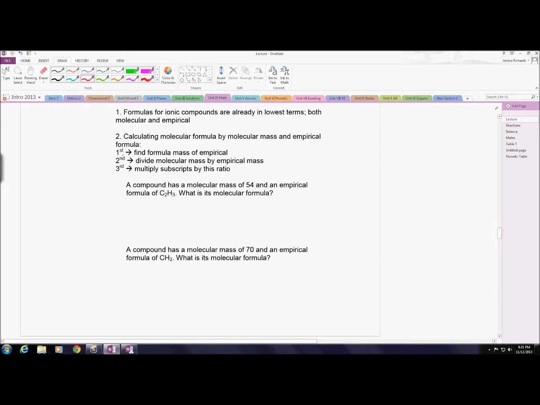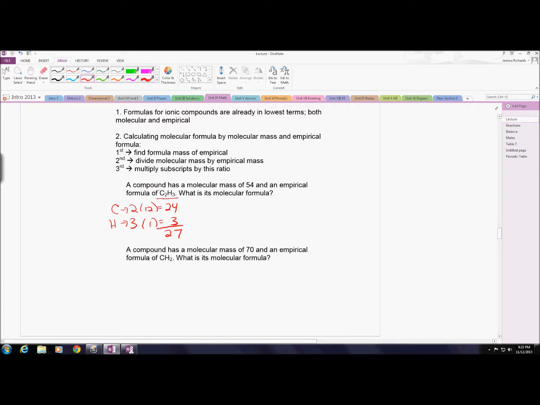All right, so the first thing that you would do is find the mass of its empirical formula. So if we look at this first example and we have an empirical formula of C2H3, there's 2 carbons and 3 hydrogens. Each carbon has a mass of 12. Each hydrogen has a mass of 1. So the empirical formula has a gram formula mass of 27.